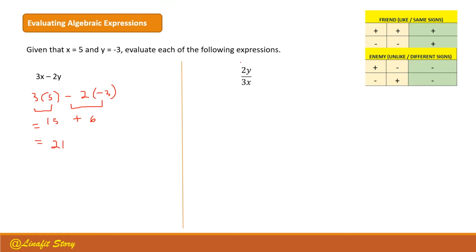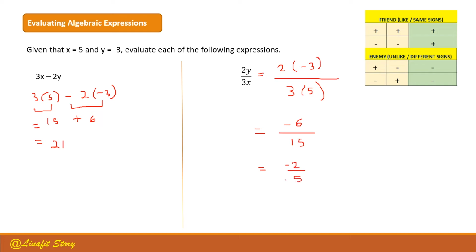2y out of 3x. 2 times negative 3 out of 3 times 5. 2 times negative 3 is negative 6. 3 times 5 is 15. Then simplify. Negative 2 out of 5.